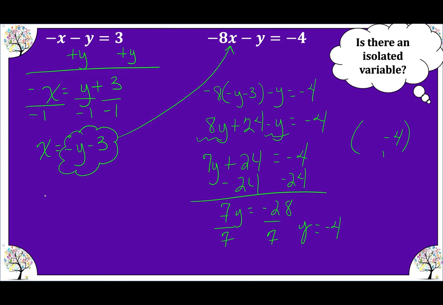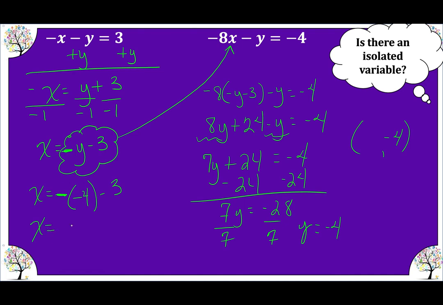I'm going to take and just plug that right here. X equals negative. So be sure that you include the negative. I'm going to use a parenthesis. Y equals negative 4. So this is where you have to be super careful when you have several negatives going on.